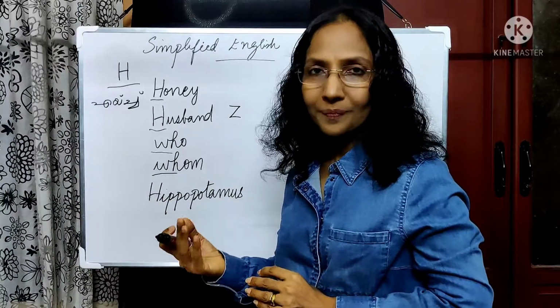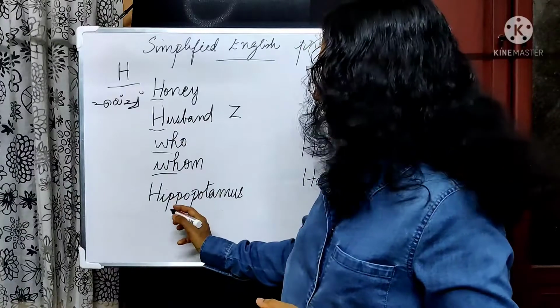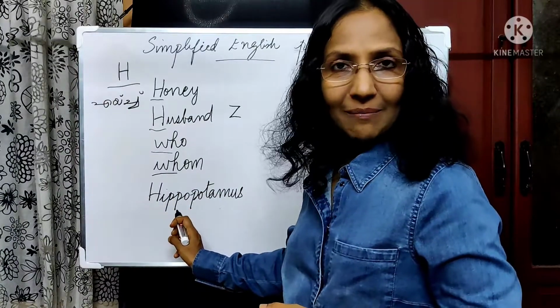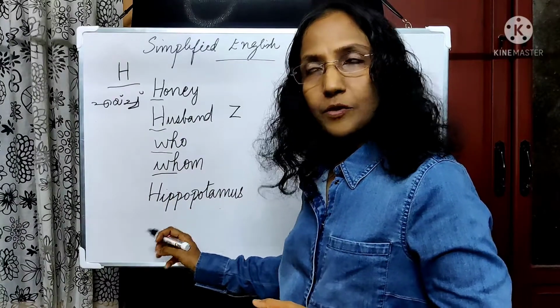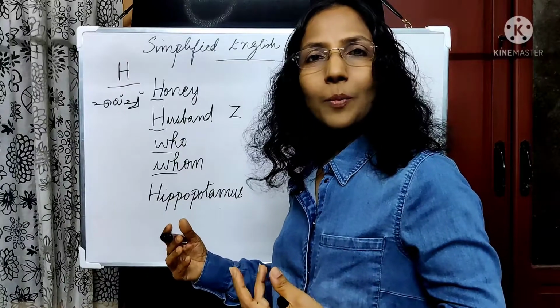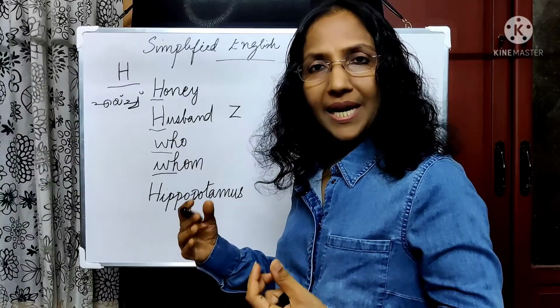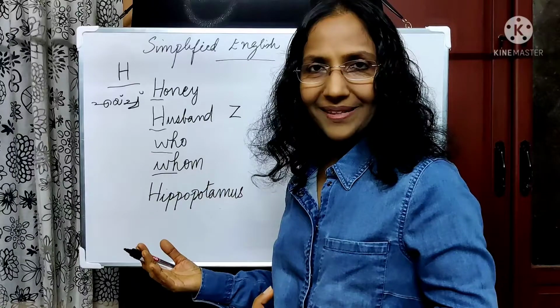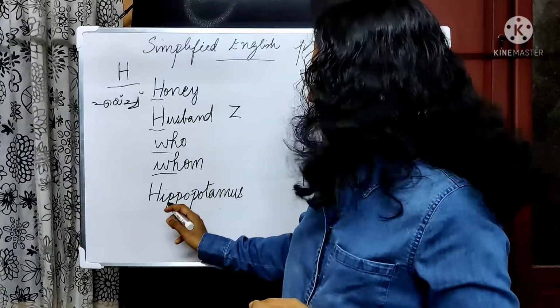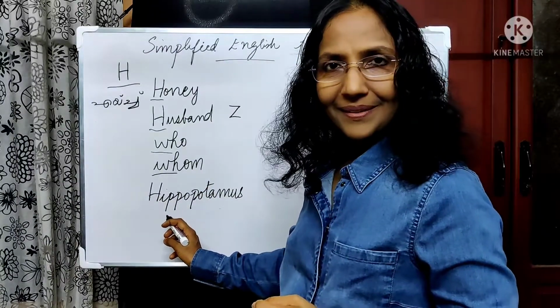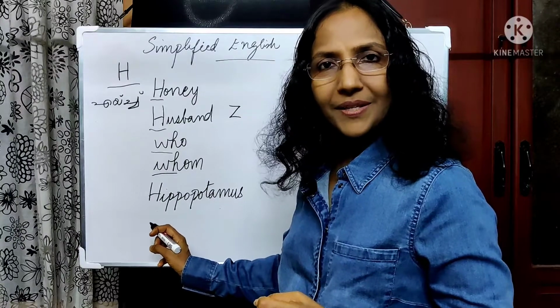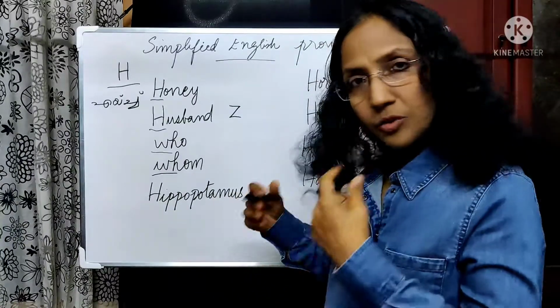Now the last word here is the name of an animal. How do you pronounce the word? Usually people pronounce it hippopotamus, of these ways. But the right pronunciation is hippopotamus. That is the pronunciation. I will write it in Malayalam so that it will be easy.